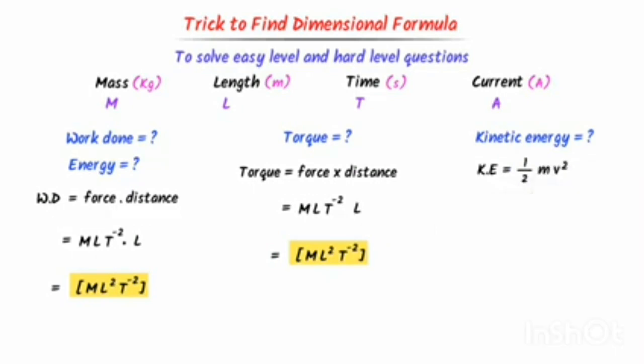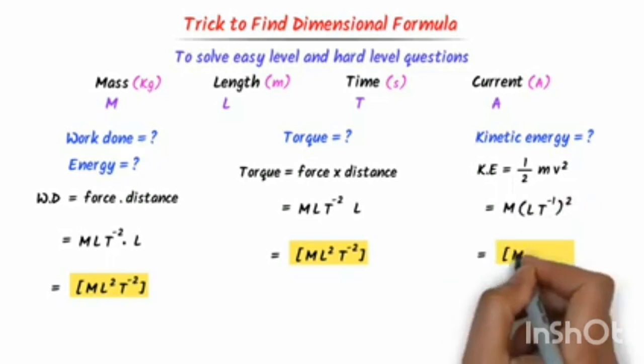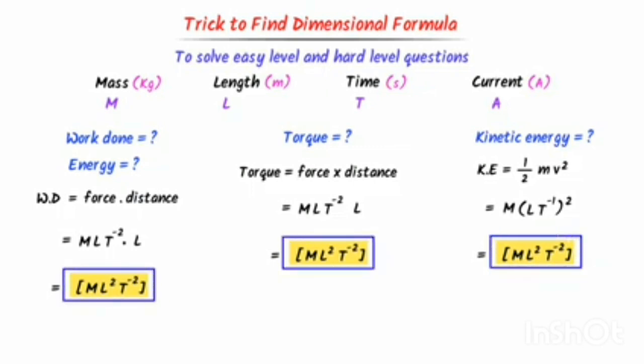Remember that we do not consider constants in dimensional formulas. The dimensional symbol of mass is M and the dimensional formula of velocity is L T^-1. I square it and get M L^2 T^-2. Hence the dimensional formula of kinetic energy is also M L^2 T^-2. Thus remember that the dimensional formula of all these quantities is the same.